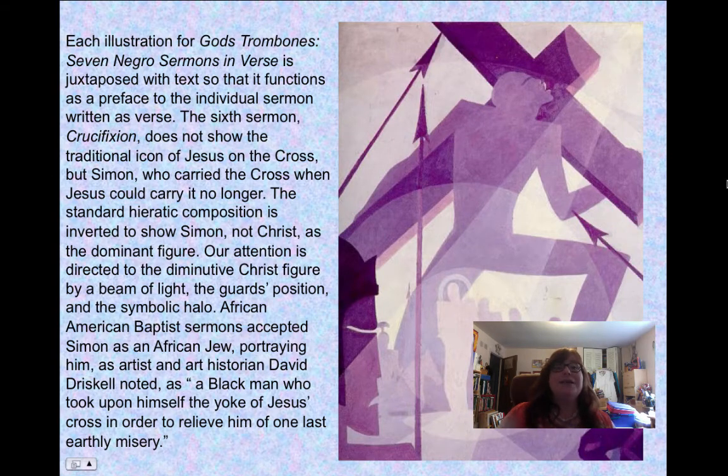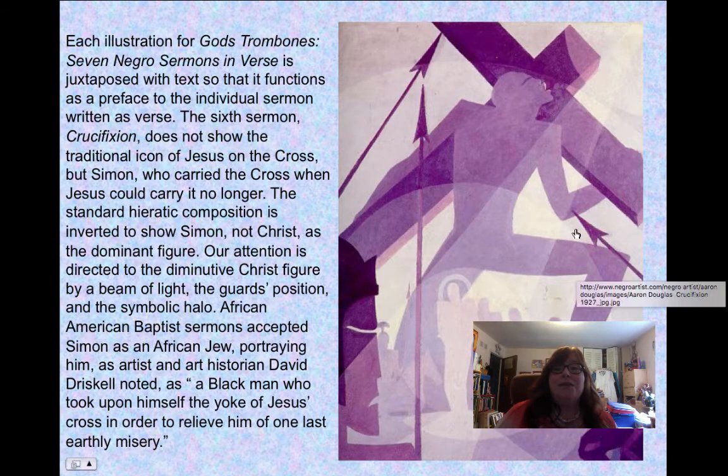So in any case, the art historian David Driscoll said that Simon was a black man who took upon himself the yoke of Jesus' cross in order to relieve him of one last earthly misery. And so very beautifully this is displayed.